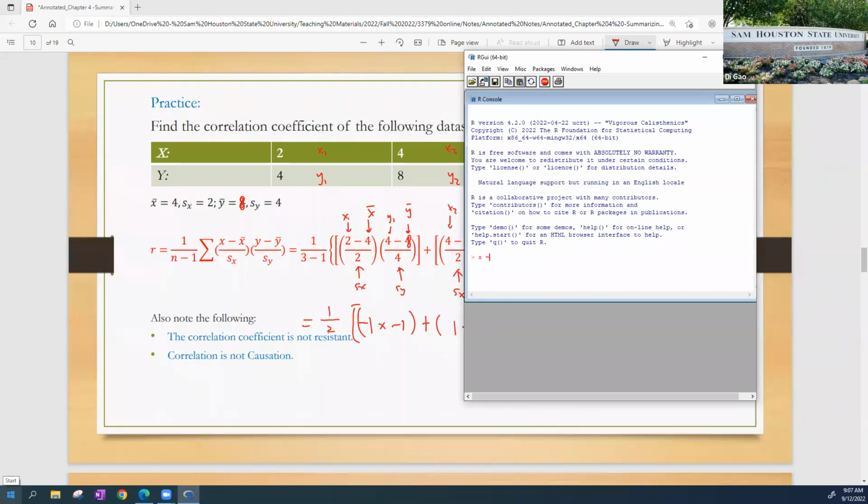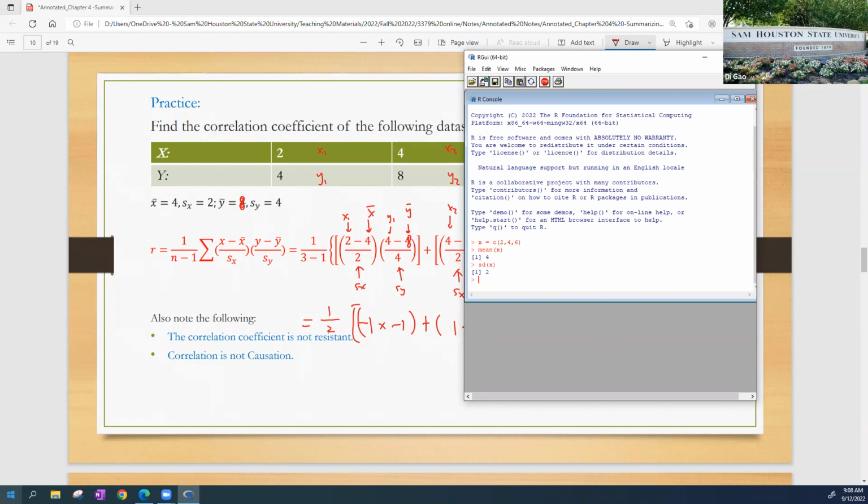So x equals 2, 4, 6. The average is 4, so x bar is 4. The standard deviation is 2, no problem.